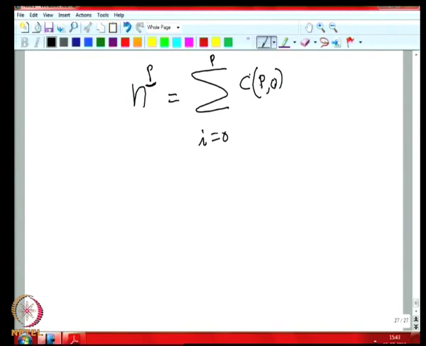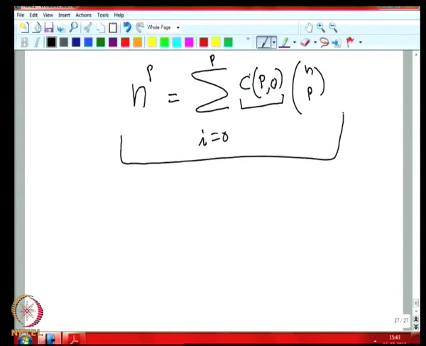We will call them C of p comma 0, C of p comma 1, because these are the coefficients when we want to represent n raised to p, multiplied by n choose i. So these numbers are special, because we are studying n raised to p. In general this is true from the previous discussion, because n raised to p is just a polynomial of degree p.